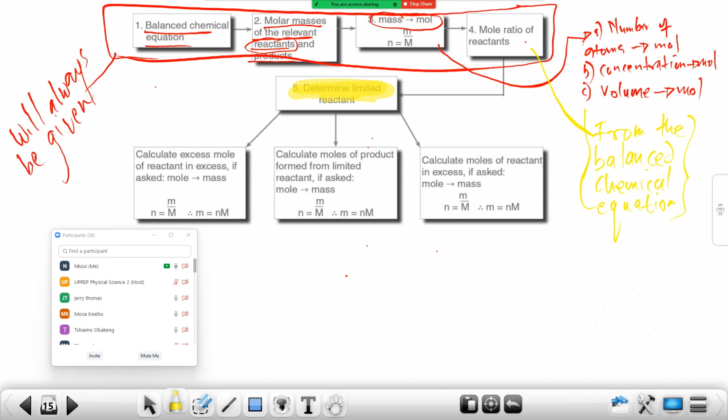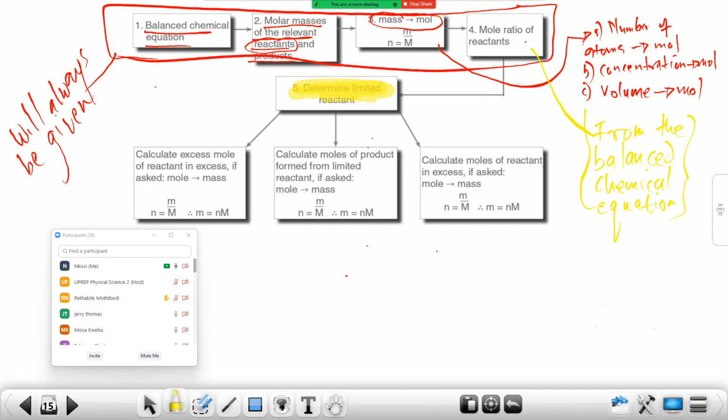All I'm saying is we do number 1, which is the balanced chemical equation. We do number 2, which is identifying the molar masses. But now, if we have identified the molar masses, it forces us to use n = m/M, because we must calculate the number of moles if we are given mass. But I further extended it to say this is not the only way of calculating the number of moles.